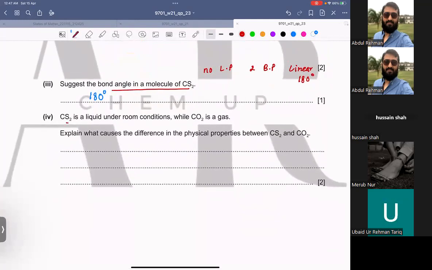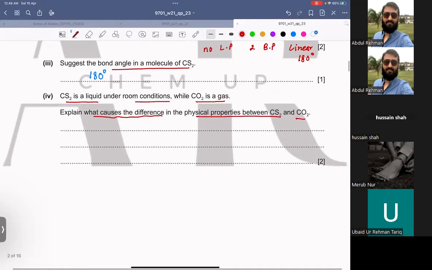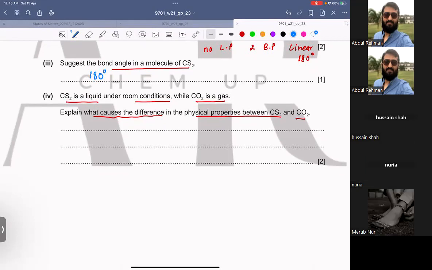Next, CS2 is a liquid at room conditions while CO2 is a gas. Explain what causes the difference in the physical properties between CS2 and CO2. So it clearly means that CS2 has stronger intermolecular forces, and the strength of the intermolecular forces depends upon the number of electrons.